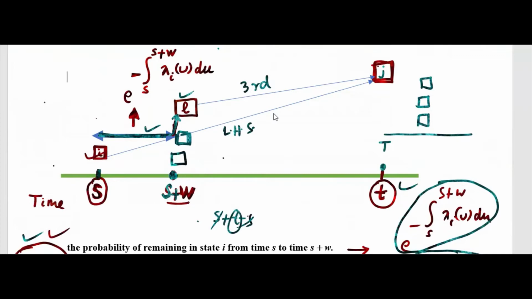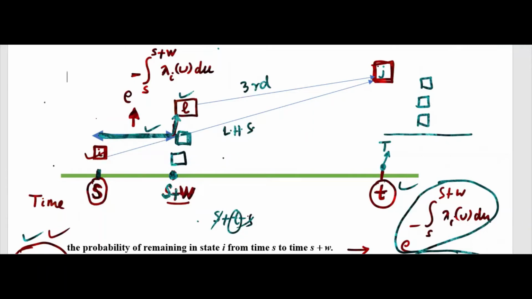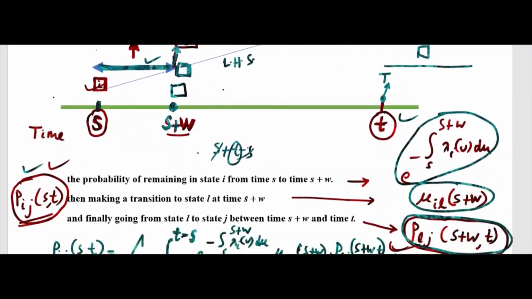I will say no, I have to go somewhere, maybe to the other room. Immediately I will go. I will make a transition here only. Otherwise I will completely stay here. That will be my holding time. So this is a variable. The minimum is 0 and the maximum is t minus s. But in between there are infinite options. That's why I need to integrate.